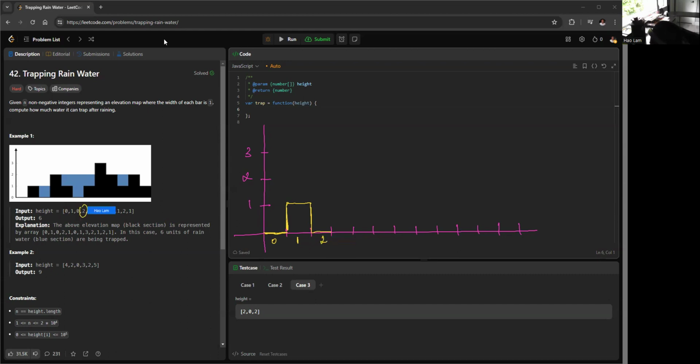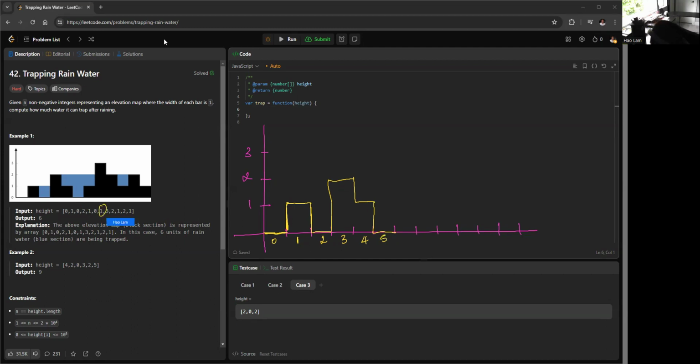Index 3 is 2, so we go up to 2. Then the next one is 1, so we go back down to 1, this is index 4. And then we go back down to 0 at index 5.